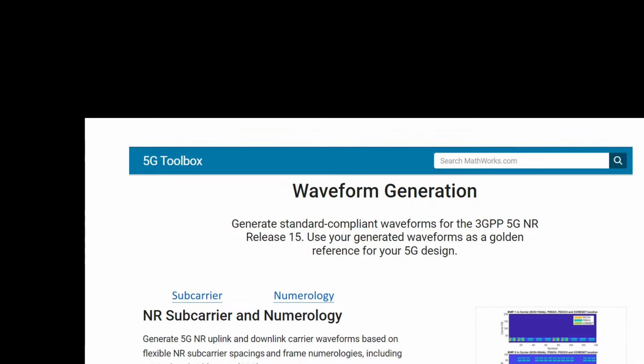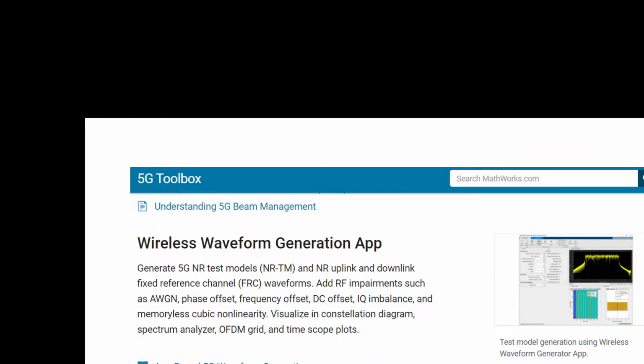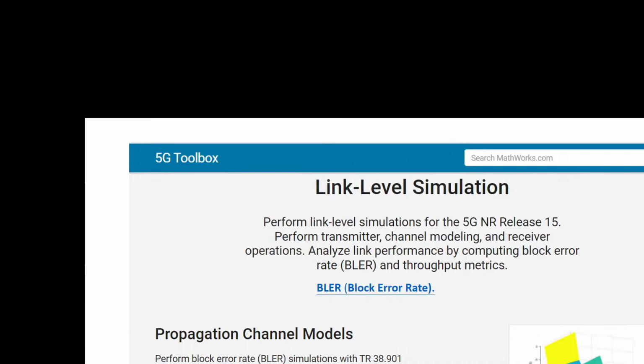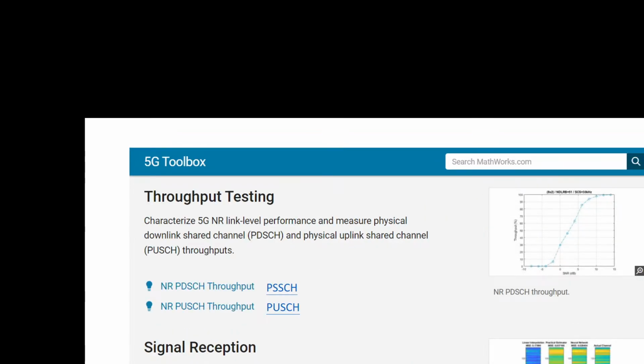Generate the wave, and the subcarrier and numerology knowledge. But usually the toolbox will provide you all the information and knowledge you need. But it's good to have the literature before you do this.